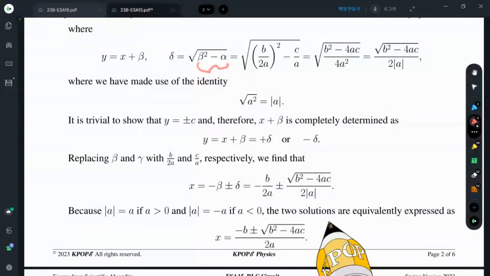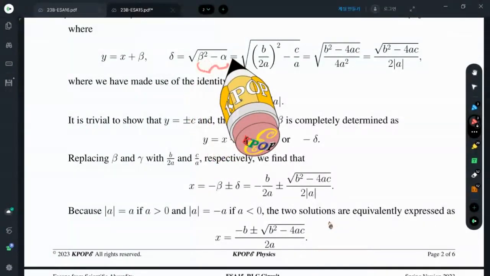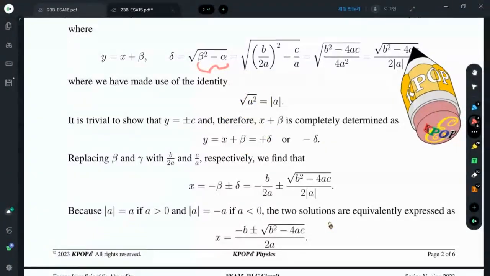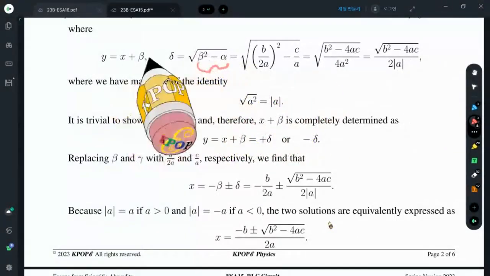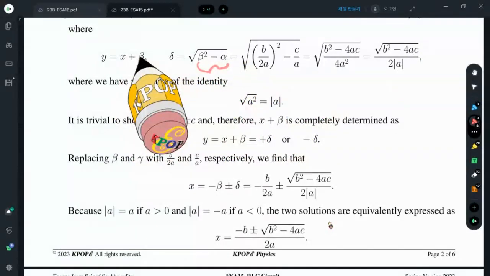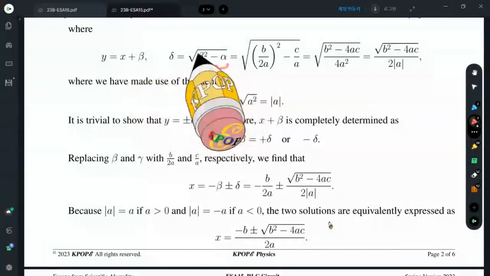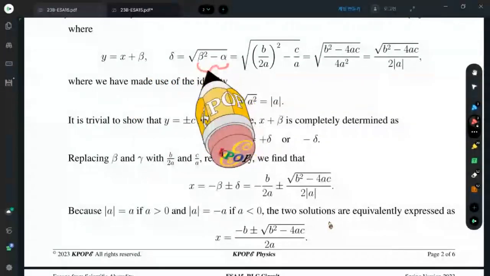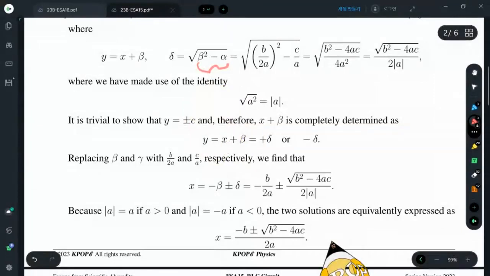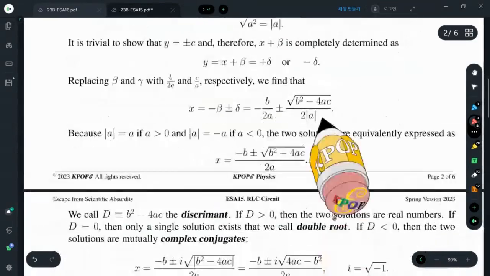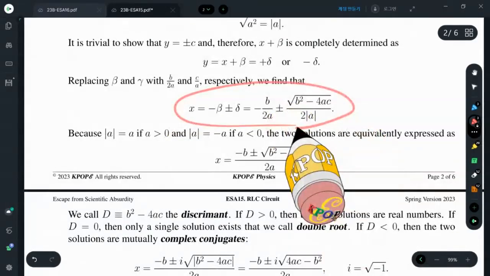So we say beta squared minus alpha is the discriminant. If the discriminant is positive, then we have two real solutions. And if the discriminant is negative, then we have two complex numbers, and those two complex numbers are complex conjugates. Everybody knows this expression very well.